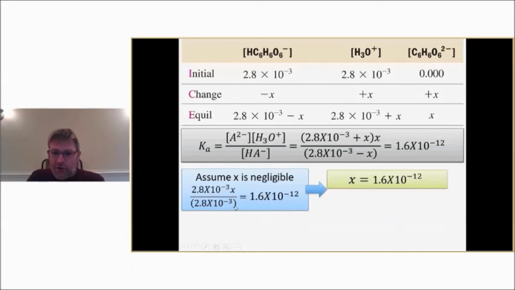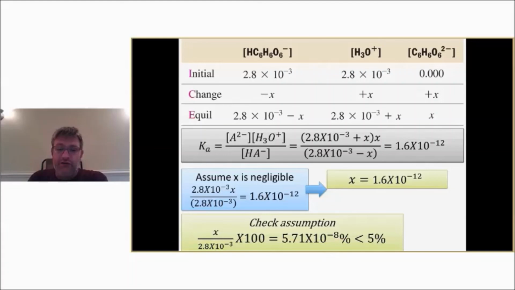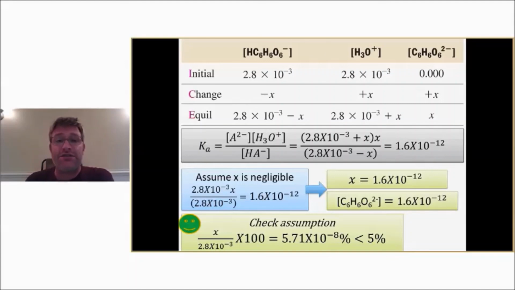Then solving for x, we get 1.6 times 10 to the minus 12. If we check our assumption, we find, yes, indeed, that is way below 5%, so we're okay assuming x is negligible. And therefore, the concentration of C6H6O6 2 minus is 1.6 times 10 to the minus 12th, because it is equal to x for the second equilibrium.